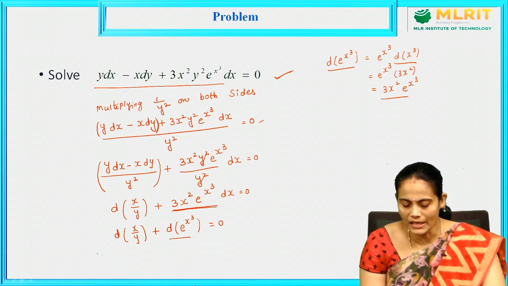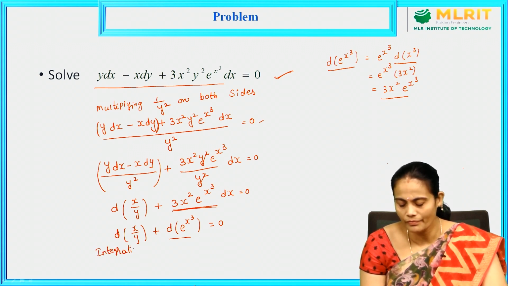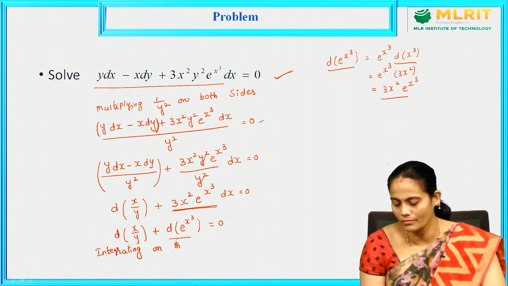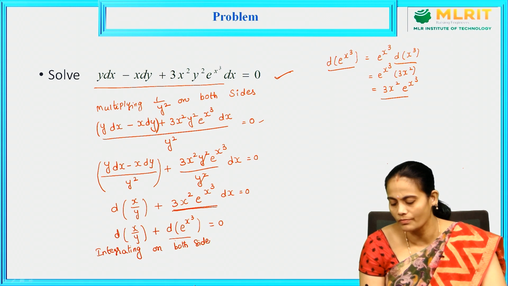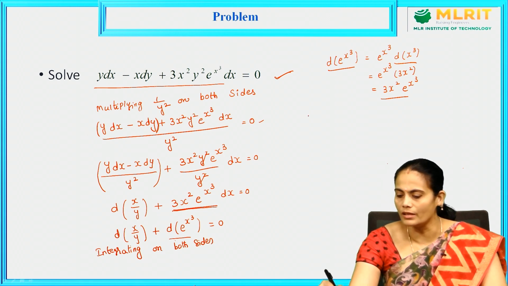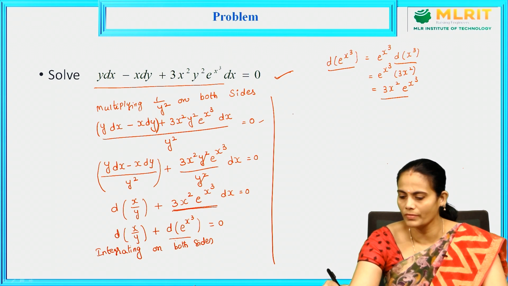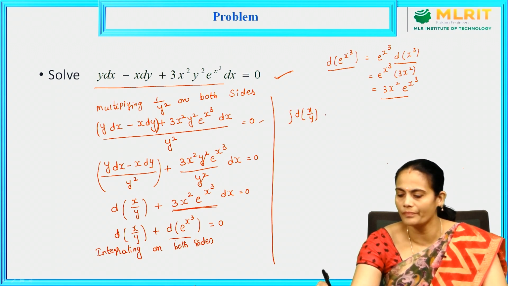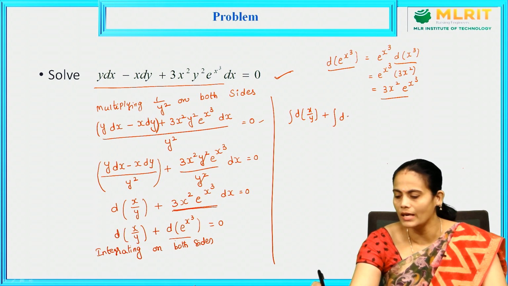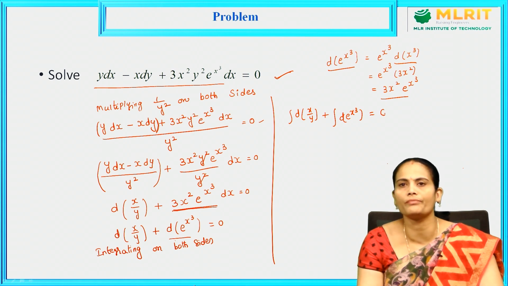Now integrating on both sides, we will get the general solution. So see the integration: integral of derivative of x by y plus integral of derivative of e power x cube is equal to c.